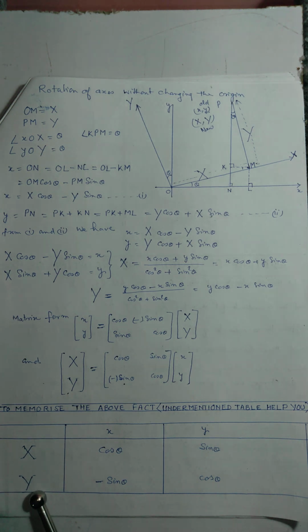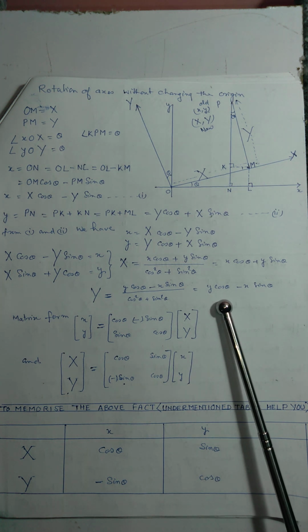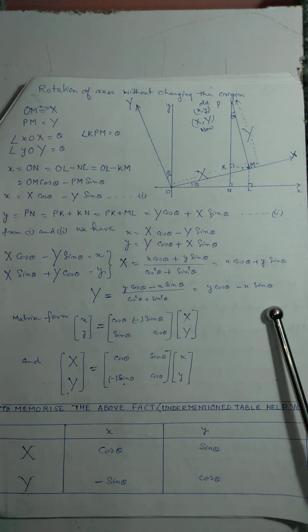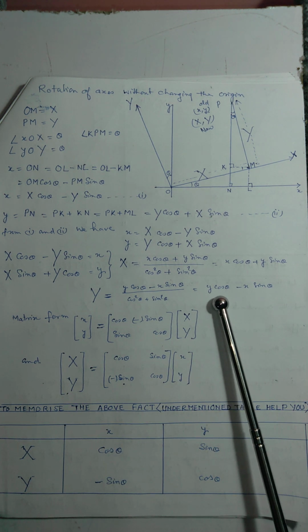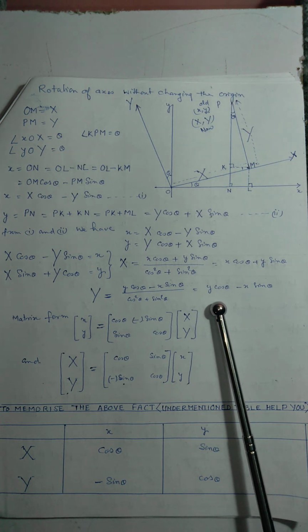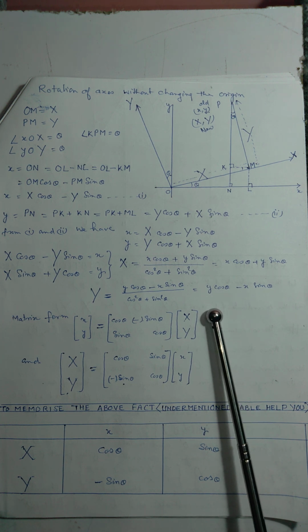If you want to know capital Y, then you multiply y cos theta. I have mentioned here y cos theta, and minus x sin theta is written at the last because it is in minus. Initially it is better to write the positive form, so y cos theta is positive. That is why I have written it in the beginning.